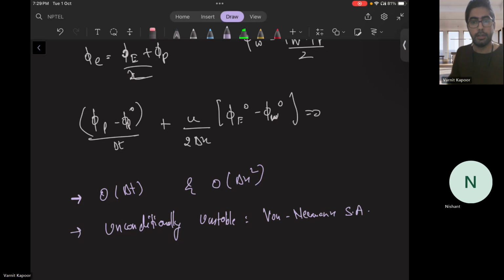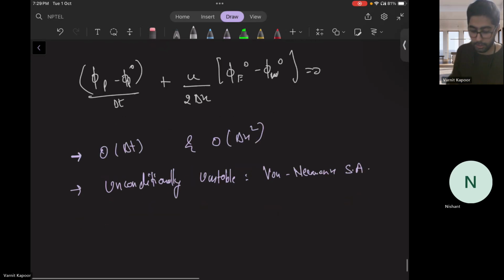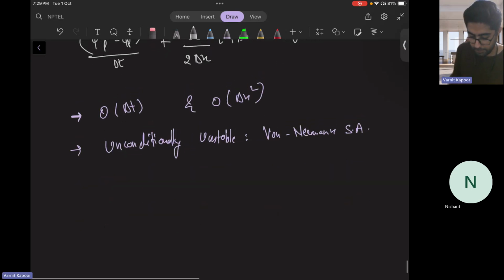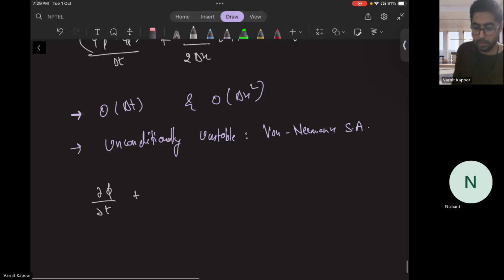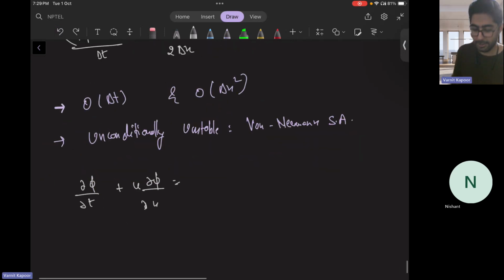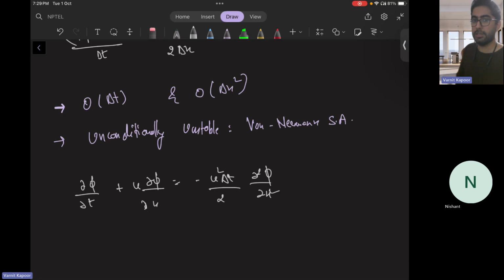Your modified equation is coming out to be dou phi by dou t plus u dou phi by dou x, plus, like you got for the pure convection equation, some u square delta t by 2 dou 2 phi by dou x square term. Again, some negative artificial viscosity will come, and there will be diffusion-like behavior.